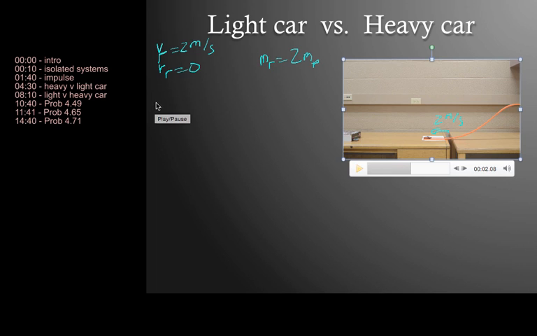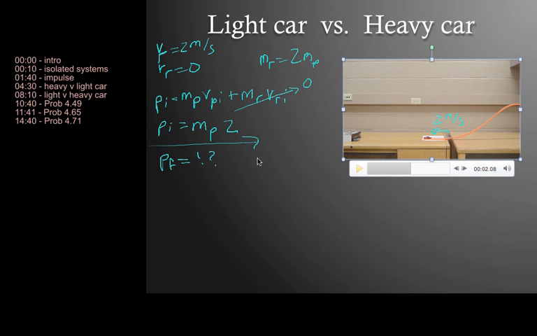So our initial momentum is going to be m purple, v purple initial plus m red, v red initial. V red initial is just 0. So our momentum is going to be mp times this 2. And again, we're going to be looking for this final momentum.